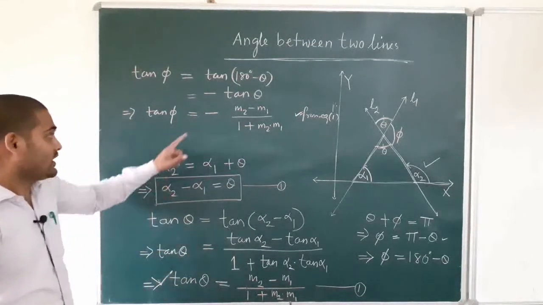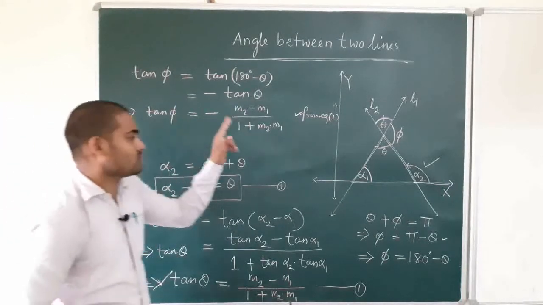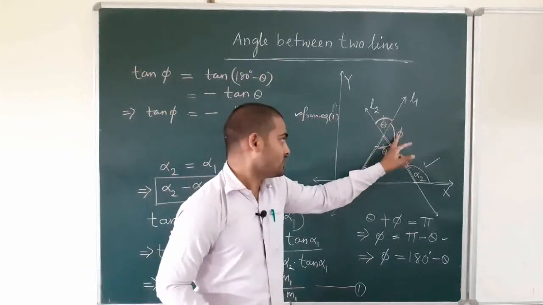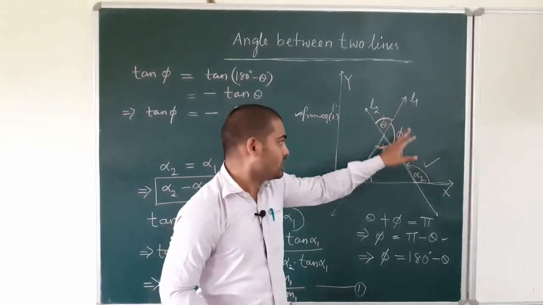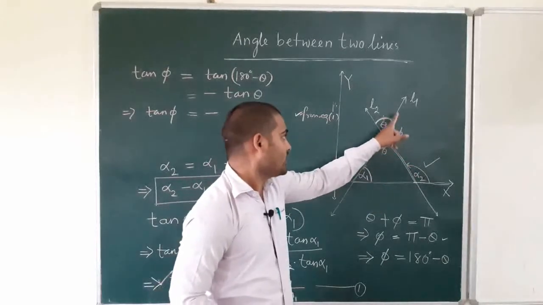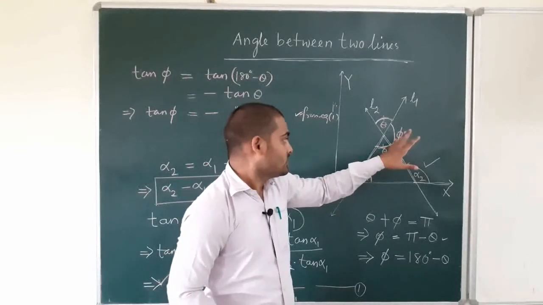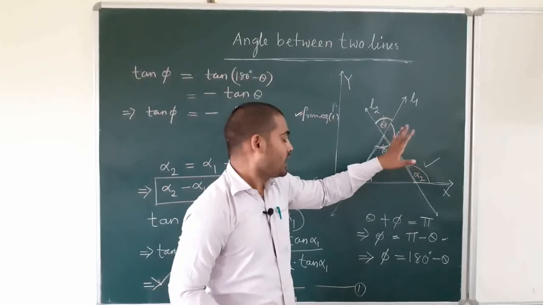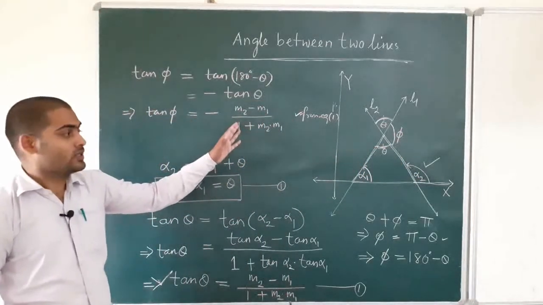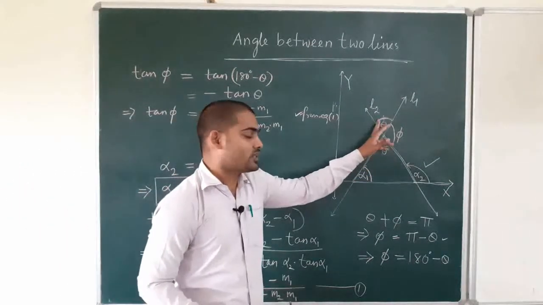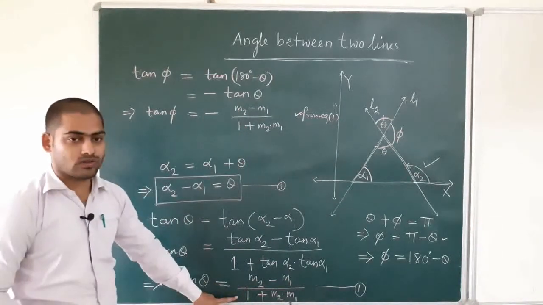Here, as it is negative, the phi value is an obtuse angle. If the angle between the two lines L1 and L2 is an obtuse angle, then you get a negative value. If it is an acute angle, then you get a positive value.